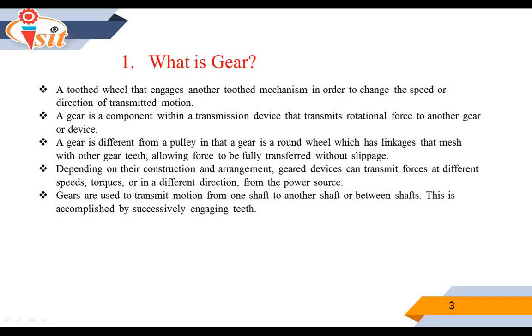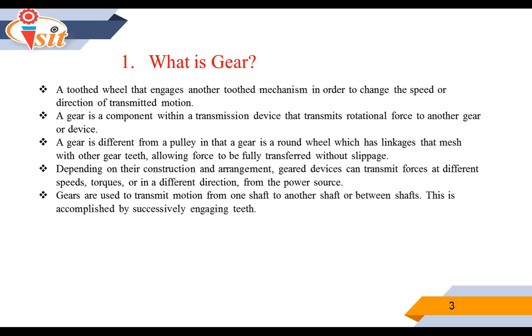First, we understand what a gear is. A gear is a toothed wheel that engages another toothed mechanism in order to change the speed or direction of transmitted motion. A gear is a component within a transmission device that transmits rotational force to another gear or device. A gear is different from a pulley.